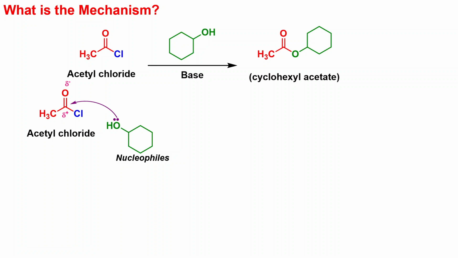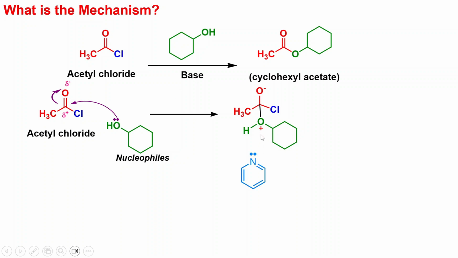The lone pairs from the oxygen can attack the carbonyl carbon and this bond can go to the oxygen, and what you will generate is this compound. Once you have this intermediate containing a positive charge on this oxygen, and you have the base, here the pyridine, the lone pair on the nitrogen will attack this hydrogen, and this bond will go to the oxygen and neutralize this charge.